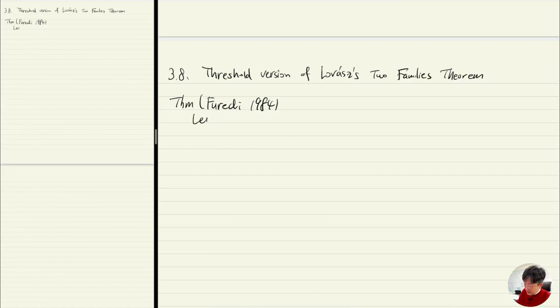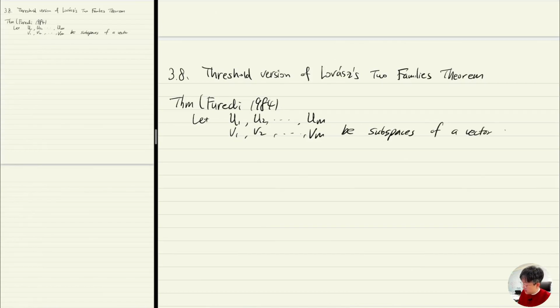So we again have pairs of subspaces. Let U1 up to Um and V1 up to Vm be subspaces of a vector space W over a field F. And we still have the same condition: dimension of Ui is r, dimension of Vi is s.